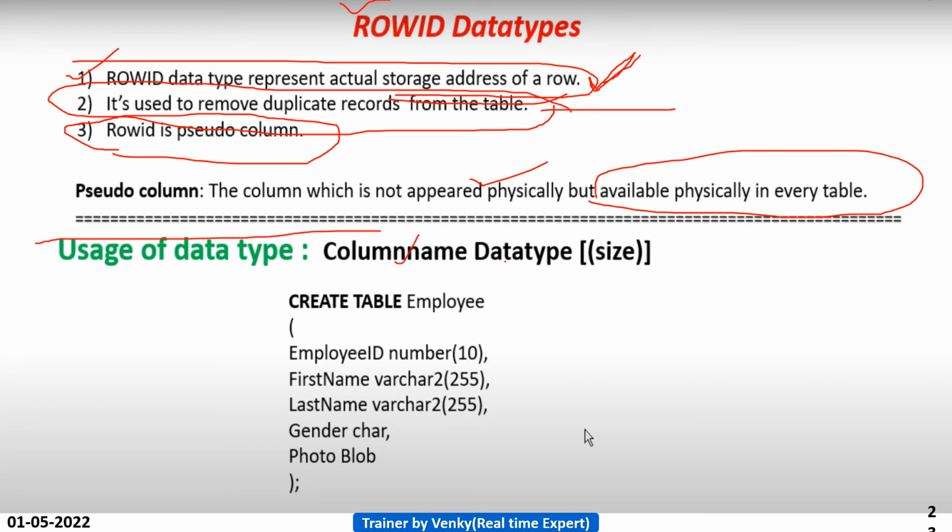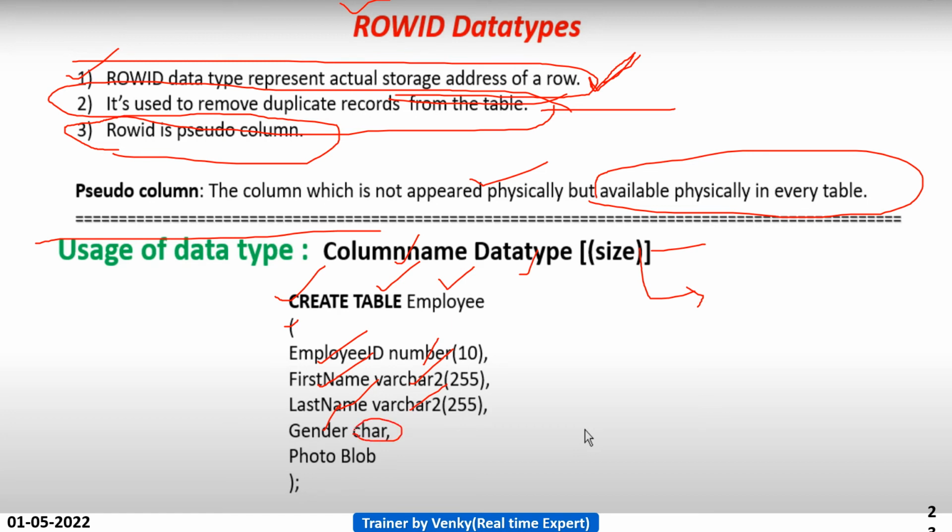Okay, the usage of data types you can see now. We have to declare column name and data type. If it is mandatory for any column, you have to use this one; for non-mandatory, this one. For example, if we create an employee table: create table name, then in parentheses employee id number data type, first name varchar2, last name varchar2, gender.